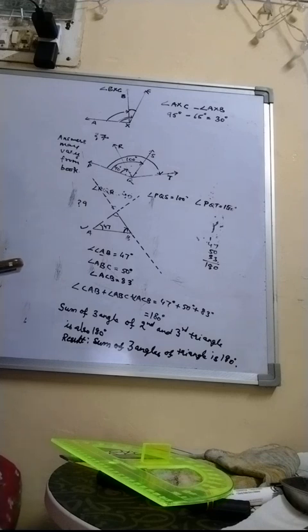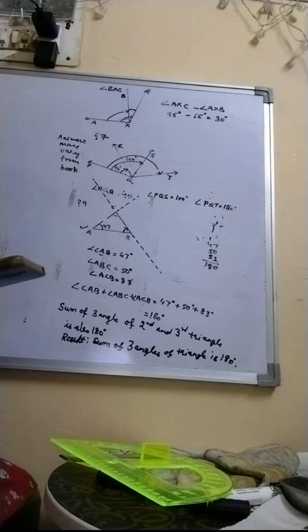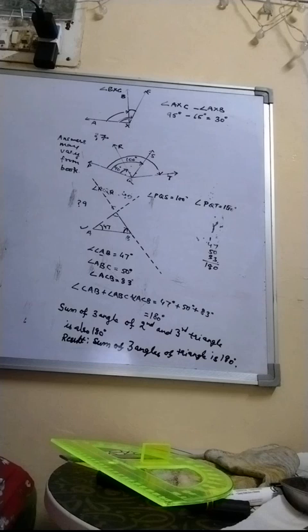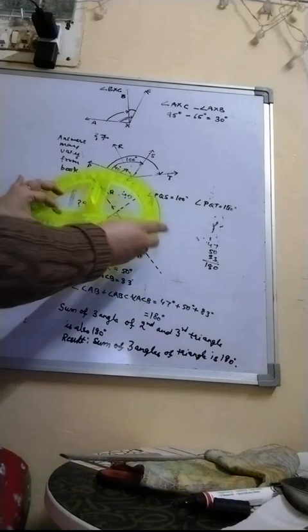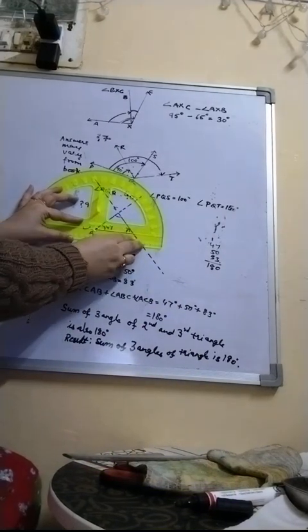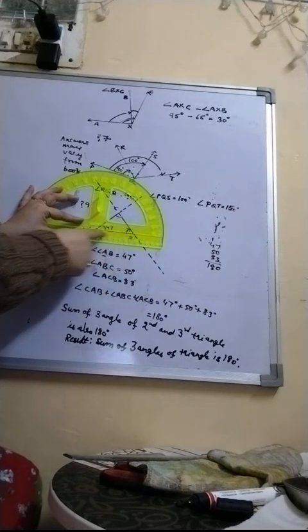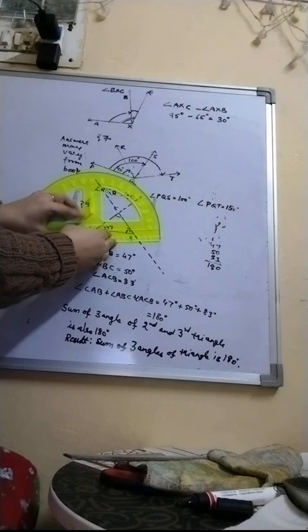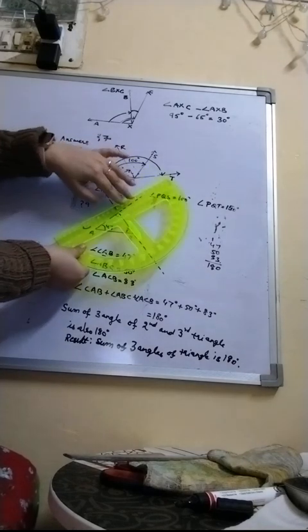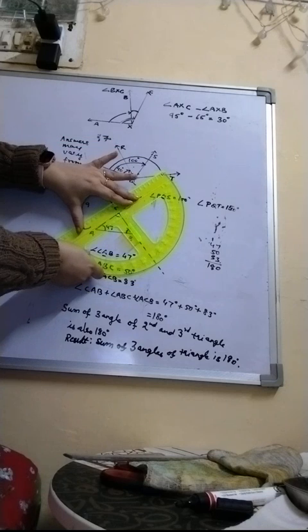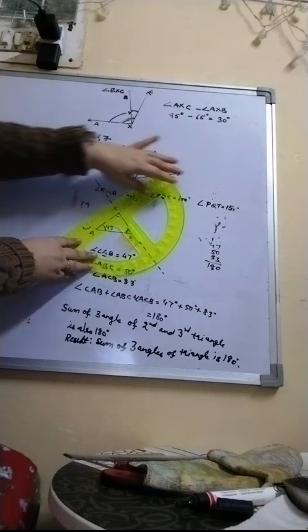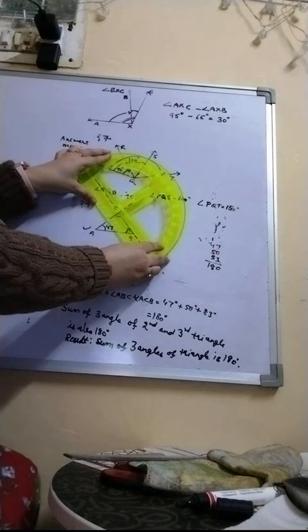I think the alignment mistakes that you need to remember is that you have to align the line with the 0 of the protractor. Align the line with AB, or align the line with CA, or align the line with CB.